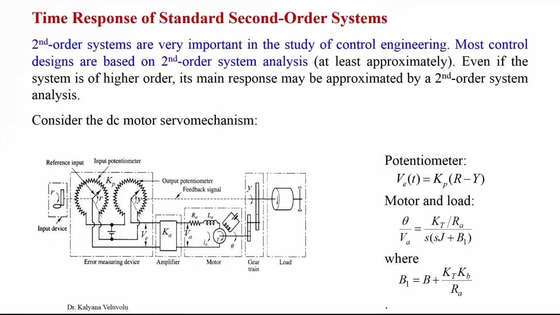What you see in this figure is a functional diagram of a DC motor where the load is connected on the right hand side. On the left hand side you see a potentiometer and an input device, then an amplifier, a motor and a gear train, and the load is connected.